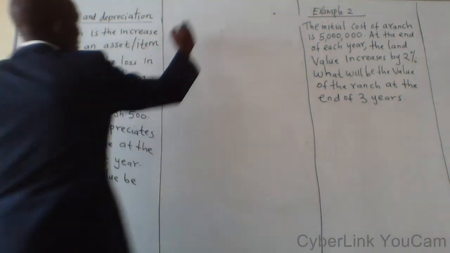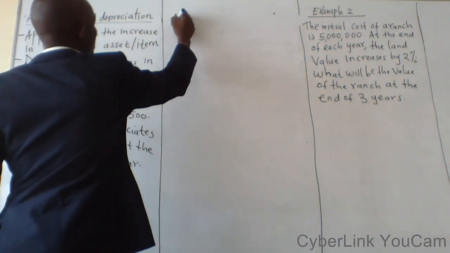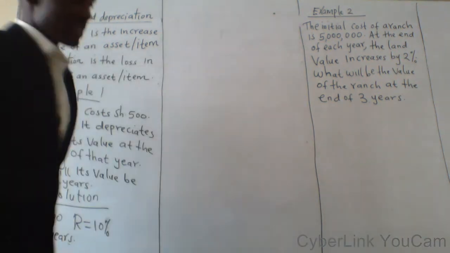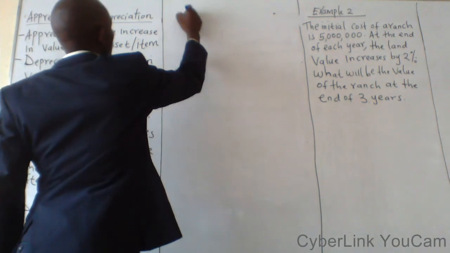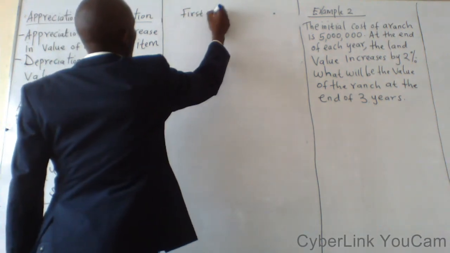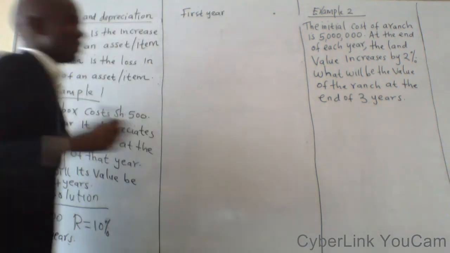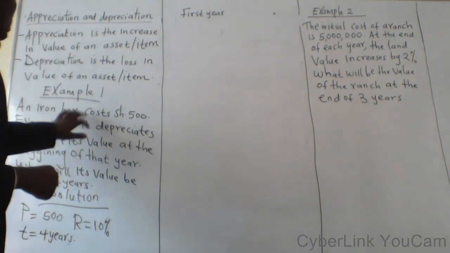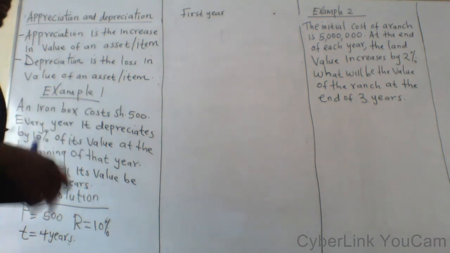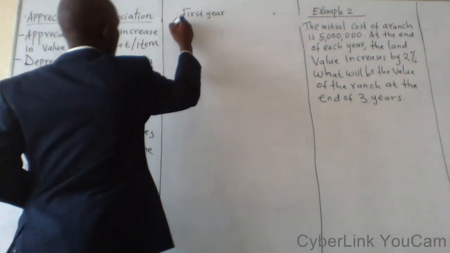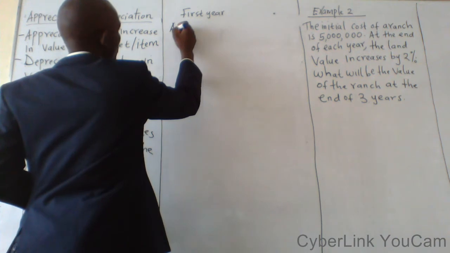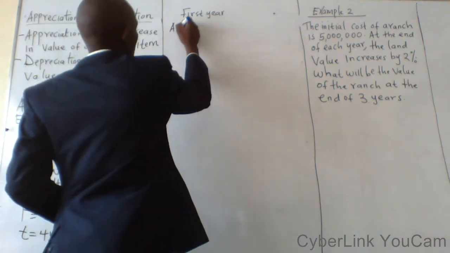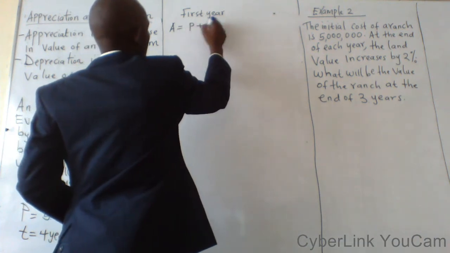We would say that the amount after the first year; we want to see the value this item will have at the end of the first year. We know amount is given by principal plus interest. So amount is equal to principal plus interest.